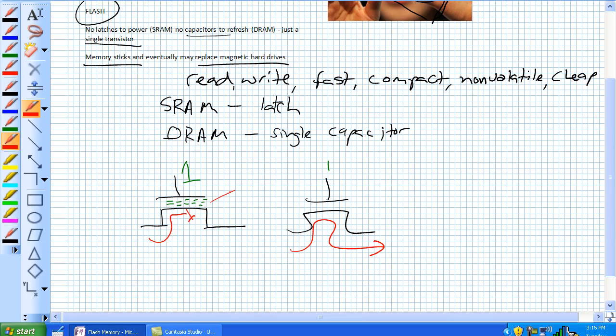Basically, if there's a bunch of electrons in there already, that's a 0. If there is not a bunch of electrons in there, that's a 1. It conducts as a 1. Not conducts, that's a 0. This is the read process, by the way.